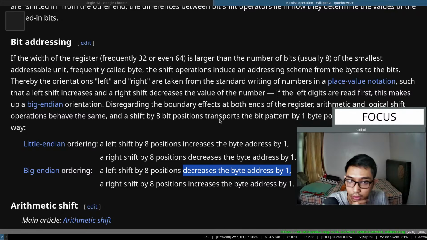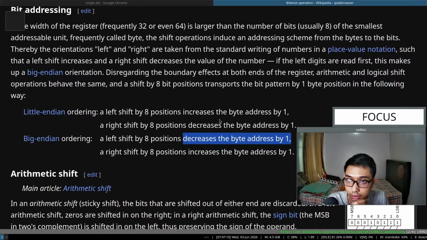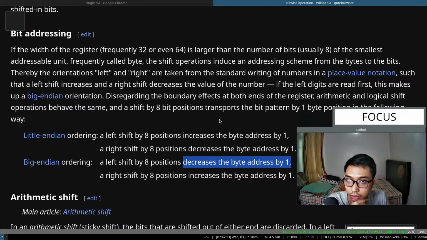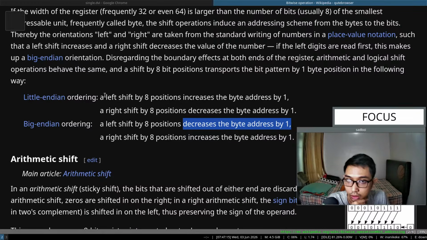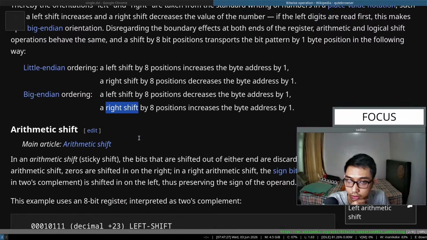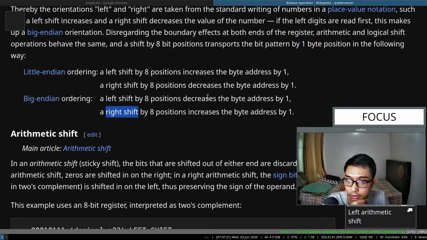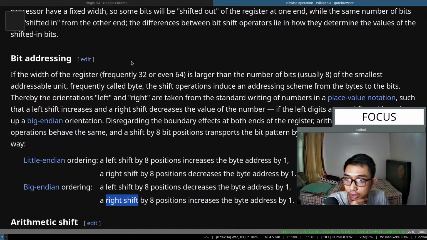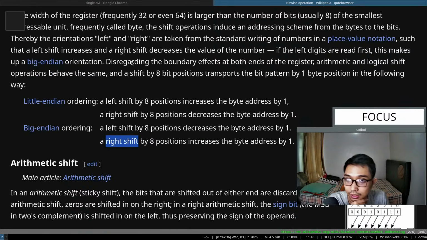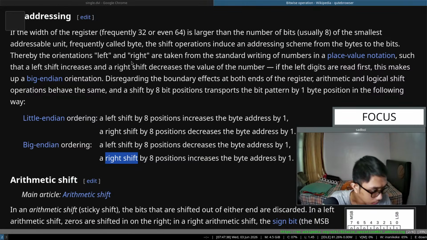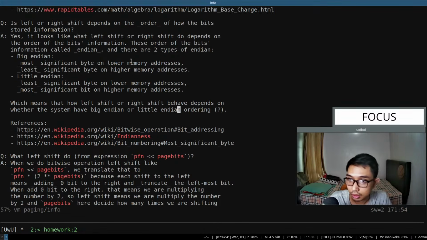That's what I am still not sure about. So, does left or right shift behavior depend on the endian ordering here? Again, I'm not sure if this information is correct or not. Something like that.